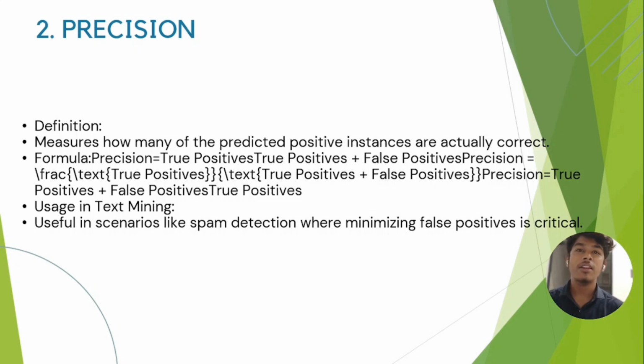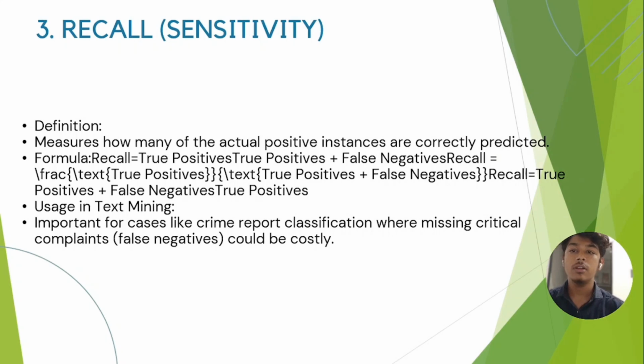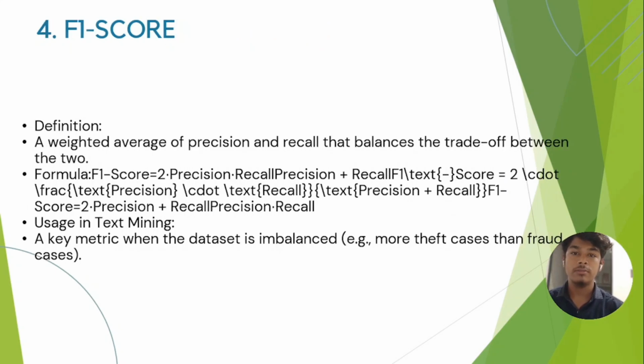It means we are classifying between false negative, false positive, true positive, and true negative. Recall measures how many of the actual positive instances are correctly predicted. It is used in text mining in important cases like crime report classification, where missing critical complaints, false negatives, could be costly.